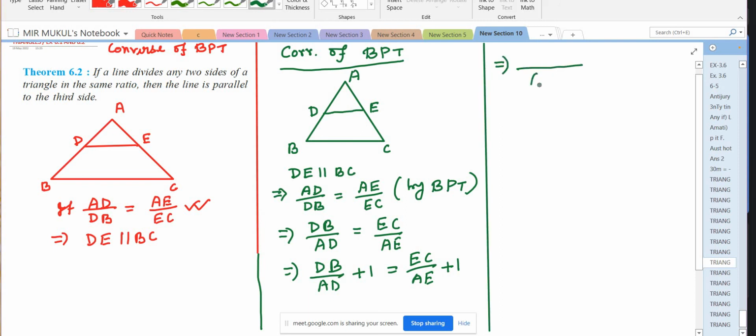So left hand side, AD is the LCM and the numerator will be DB plus AD, right?